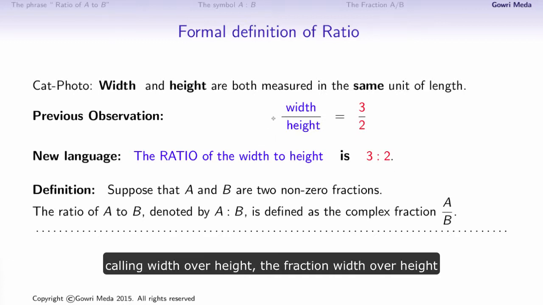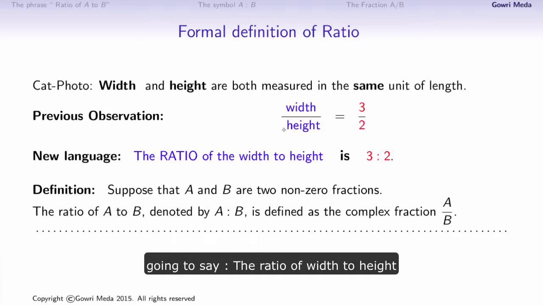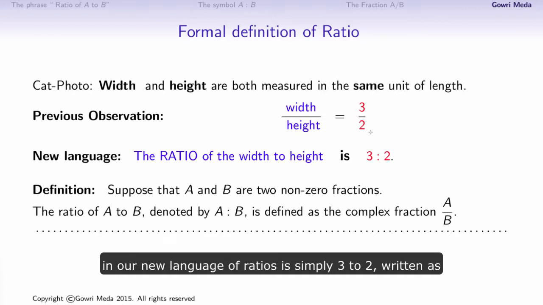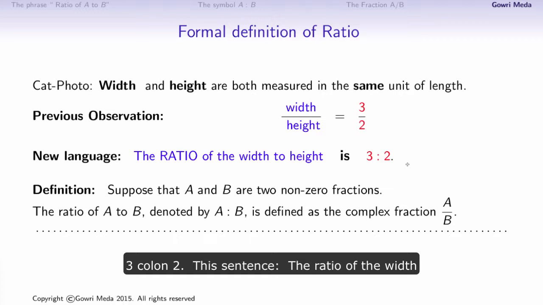So what we were calling width over height, the fraction width over height, in this new vocabulary, we are simply going to say the ratio of the width to height. And this equality symbol, as you already know, is the same as writing "is." And the fraction 3/2 in the new language of ratios is simply 3:2, read as 3 to 2.